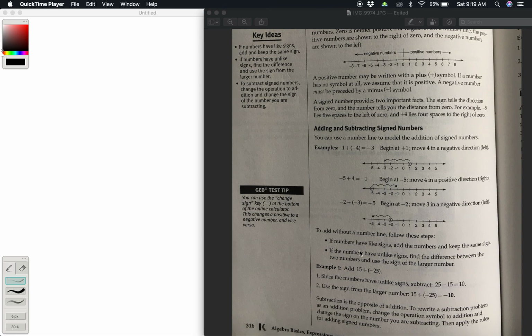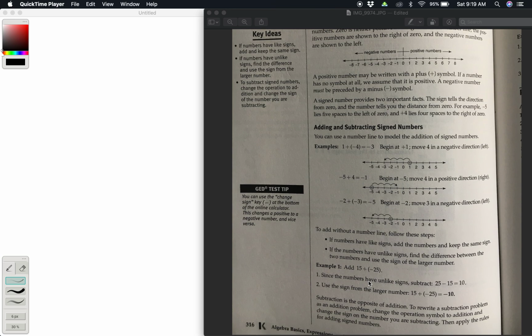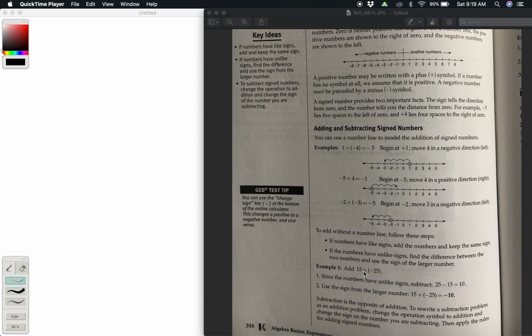Another thing to note: if numbers have like signs, add the numbers and keep the same sign. If the numbers have unlike signs, find the difference between the two numbers and use the sign of the larger number. This example is for the unlike signs. For example, 15 plus negative 25.